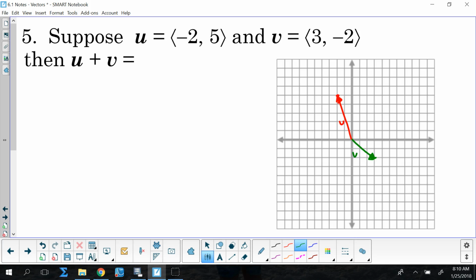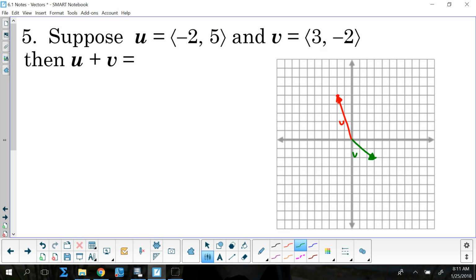So then u plus v. There are a couple of different things going on here. If you think about it in terms of forces, we've got forces acting in opposite directions, counteracting one another. One way to do it, and it doesn't always have to be done this way, is to go head to tail.